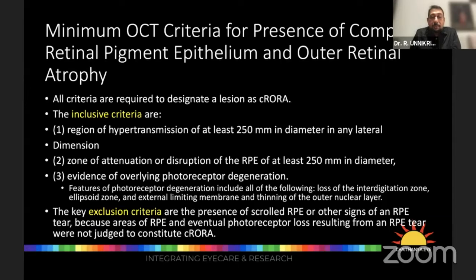Hypertransmission occurs because of RPE atrophy, and the signal goes down. There should be a zone of attenuation of the RPE seen tomographically, and also evidence of overlying photoreceptor degeneration. Any presence of a RIP or a scrolled RPE is excluded to define CRORA.